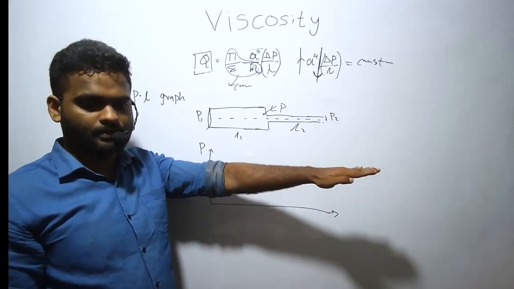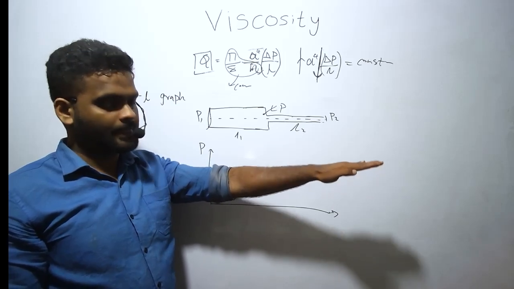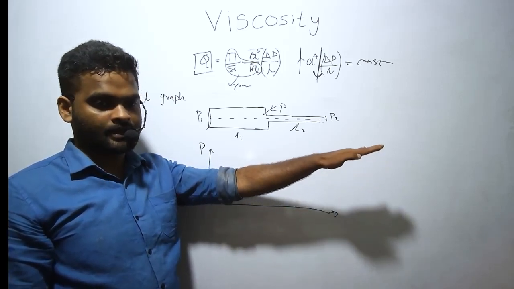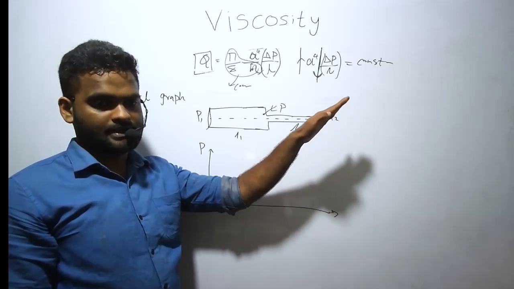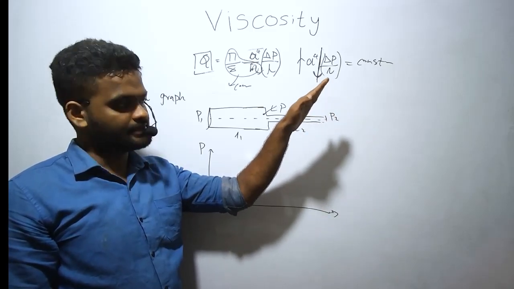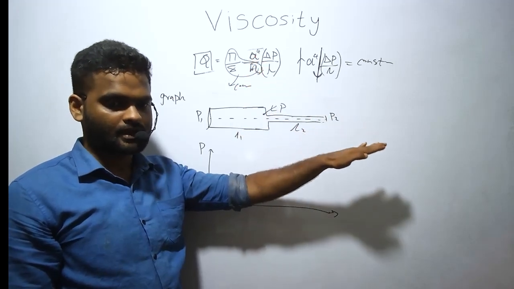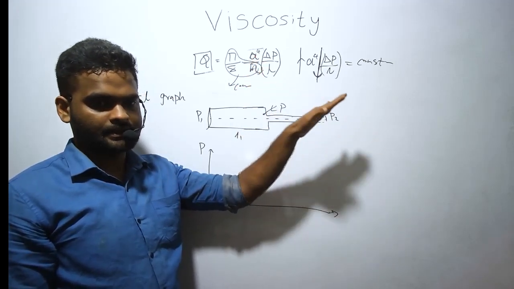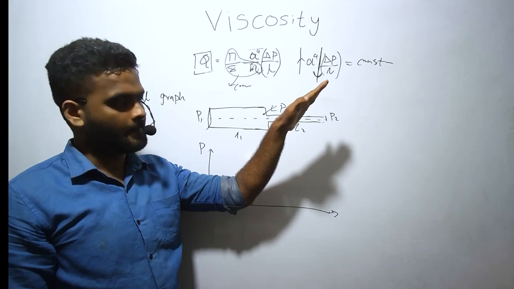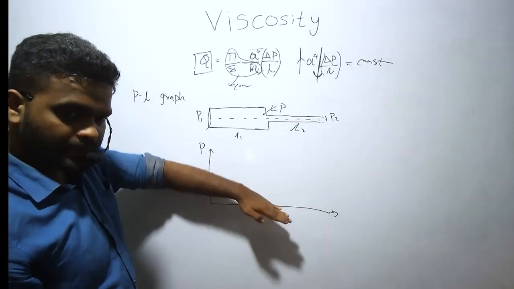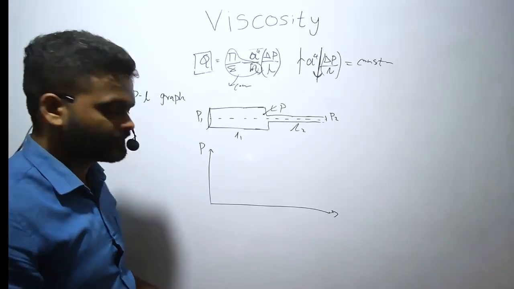Gradient is a slope, right? So if this is flat, gradient is 0. Now the slope is increasing, meaning gradient is increasing, right? Like that. But to this side, it is a negative gradient because pressure is dropping.